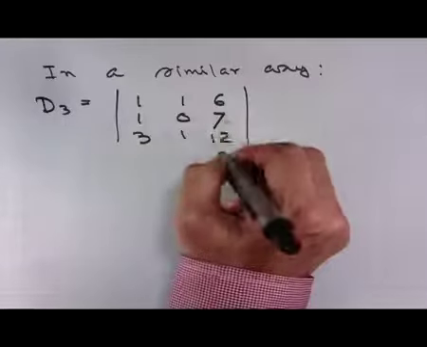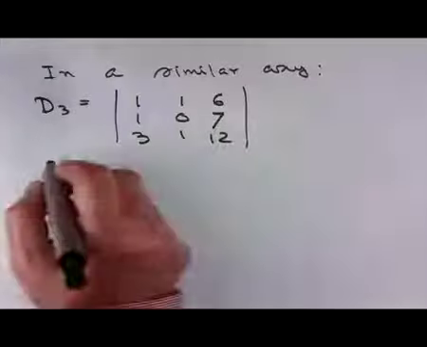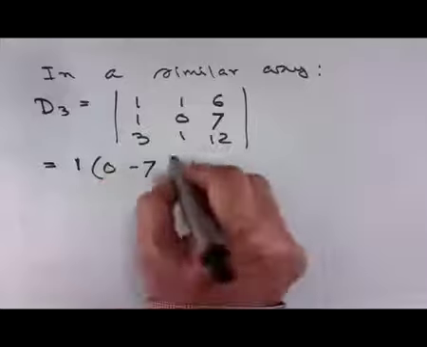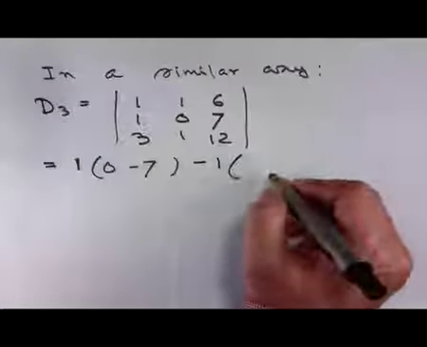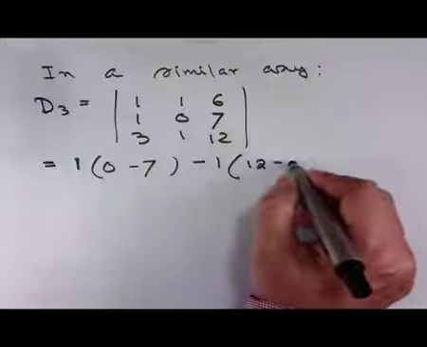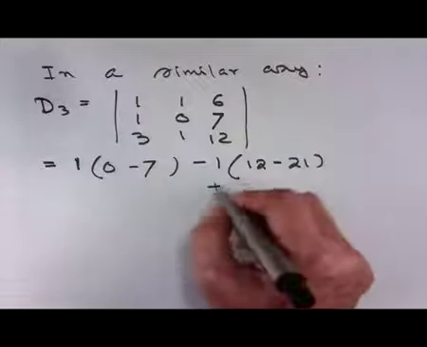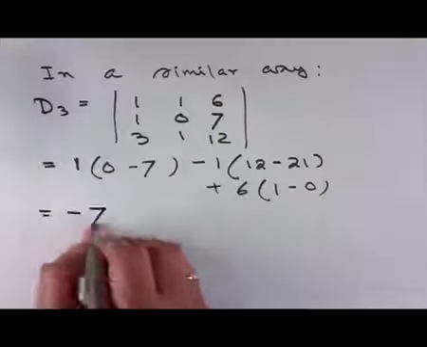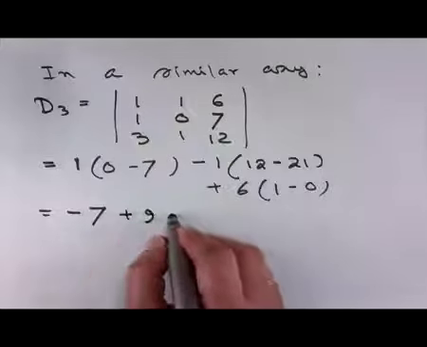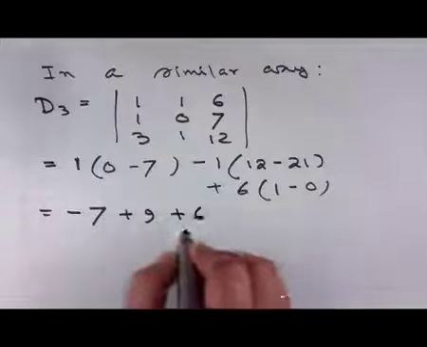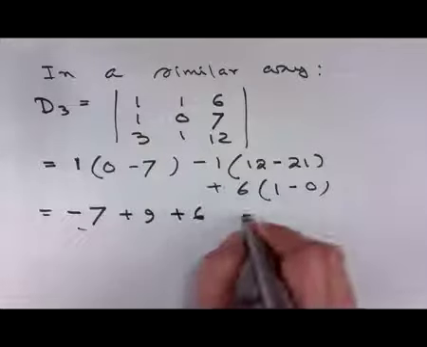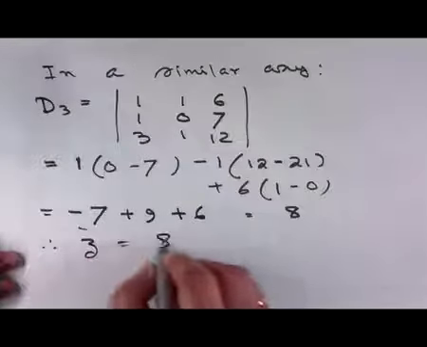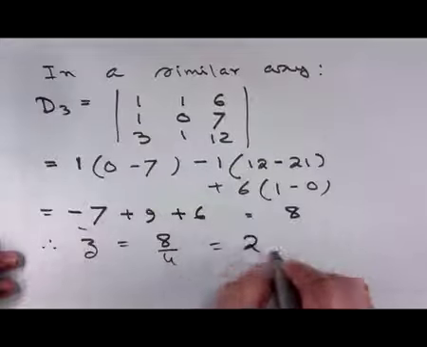We have replaced the third column with the B vector. It is equal to 1 into 0 minus 7, minus 1 into 12 minus 21, plus 6 into 1 minus 0, is equal to minus 7 plus 9 plus 6, is equal to 8. Therefore, z is equal to 8 by 4 is equal to 2.